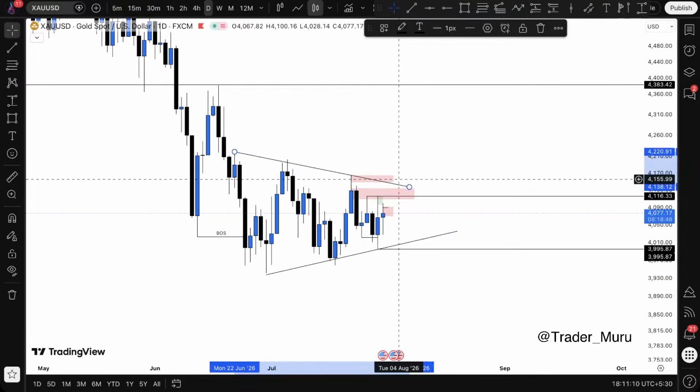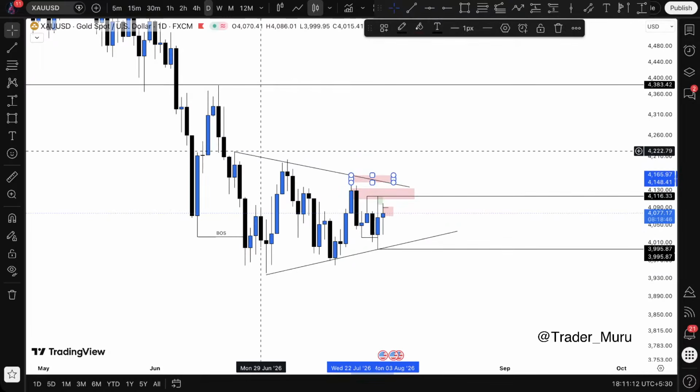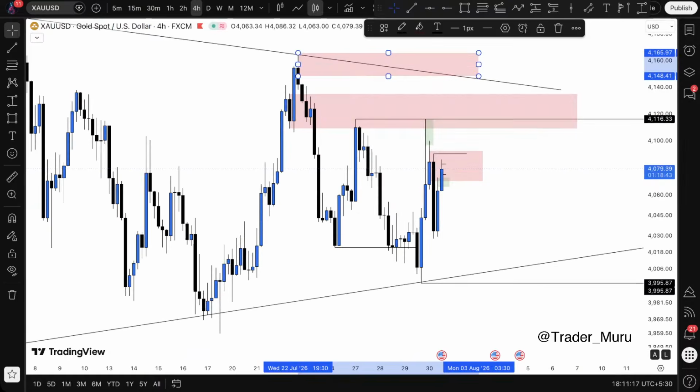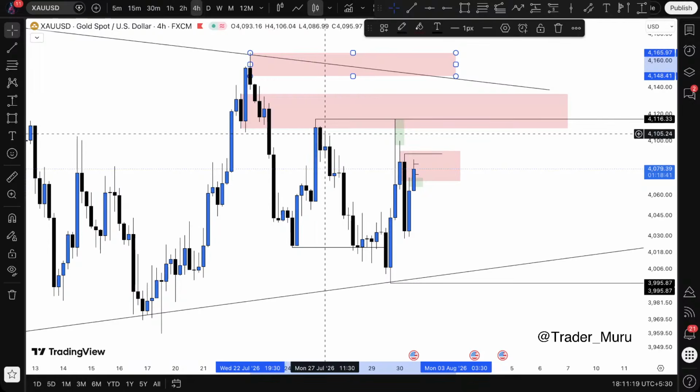This area will be a good short area from the top trend line and a pending order block just above these equal highs in the 1 hour time frame.